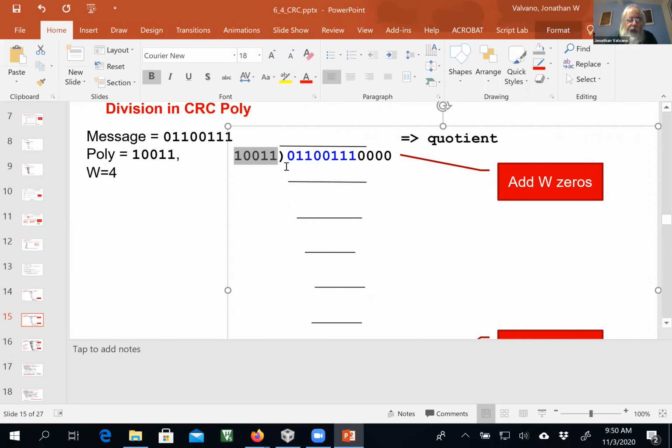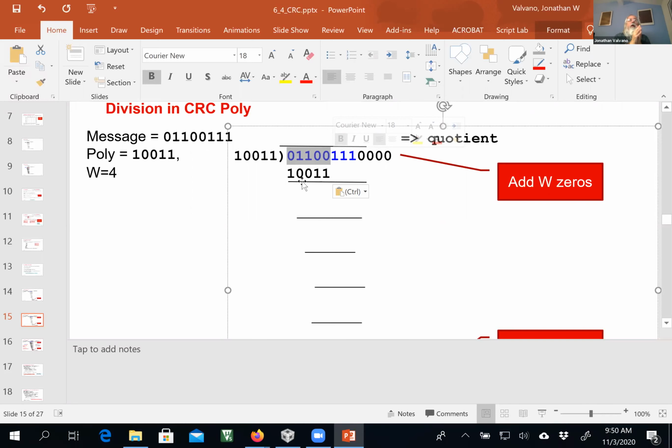Because I'm comparing these two right here, and I'm only going to subtract if the blue is bigger than the black. So in this case, I didn't subtract.